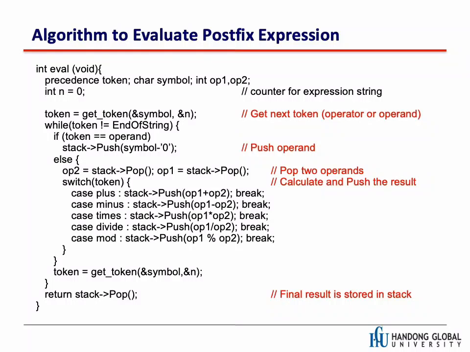When the while loop is done, where is the result? The result is actually in the stack. We have only one value in the stack. That's the result of this evaluation. So we return the stack pop. It means we pop, and the value will be returned as the result of these functions.